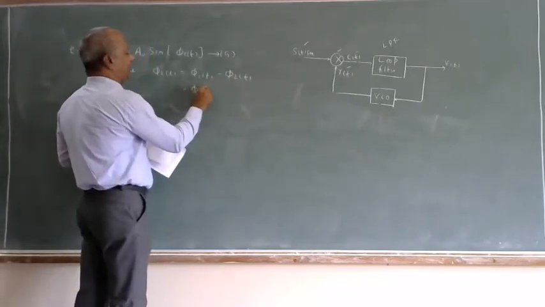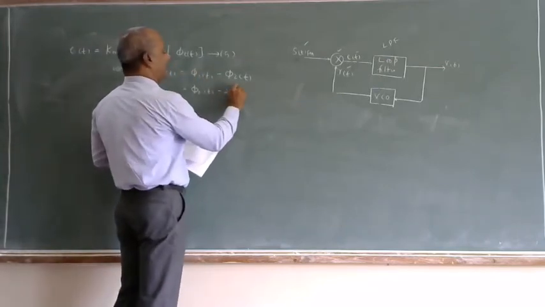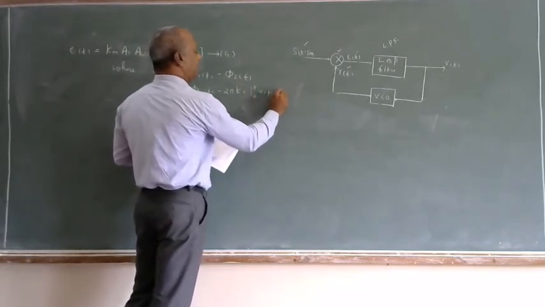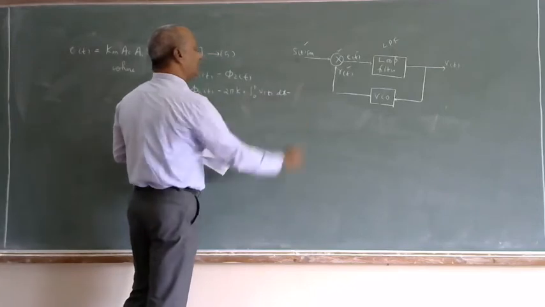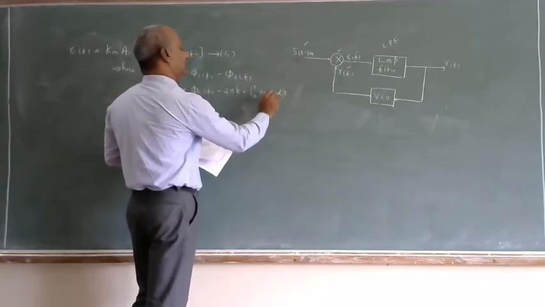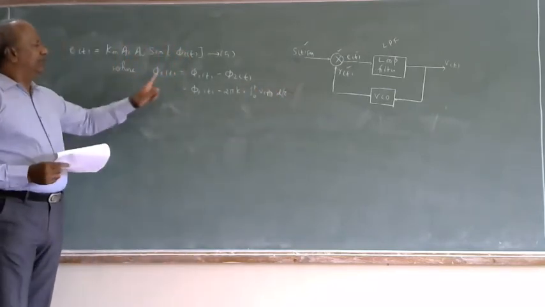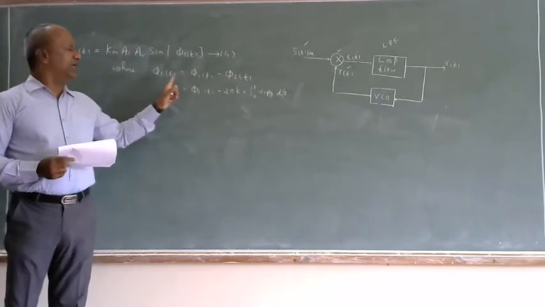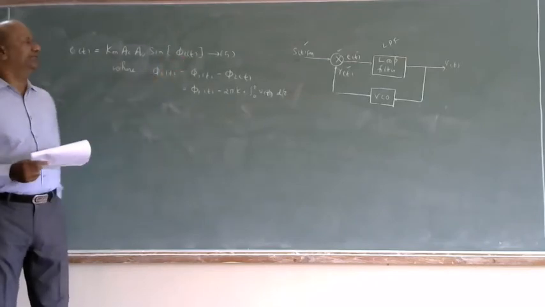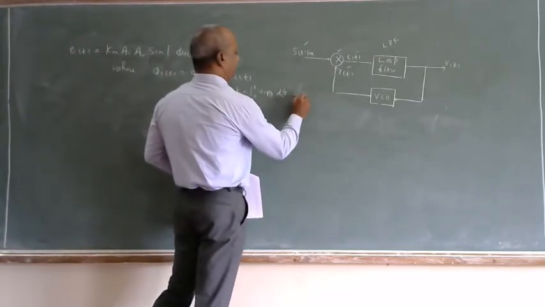I write here phi 1 of t minus phi 2 of t equals 2 pi kV integral from 0 to t of v of tau d tau. Phi of t is equal to phi 1 minus phi 2, called the phase error between S of t and R of t. So take this as equation number 6.